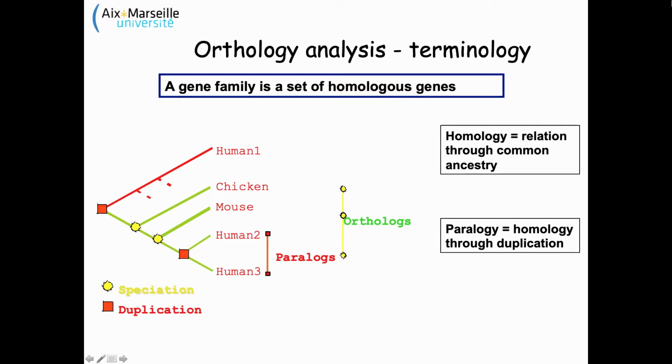I don't have it on my screen. Do you have some answer? Not yet. Human 1 and chicken, orthologs or paralogs? That's the question.